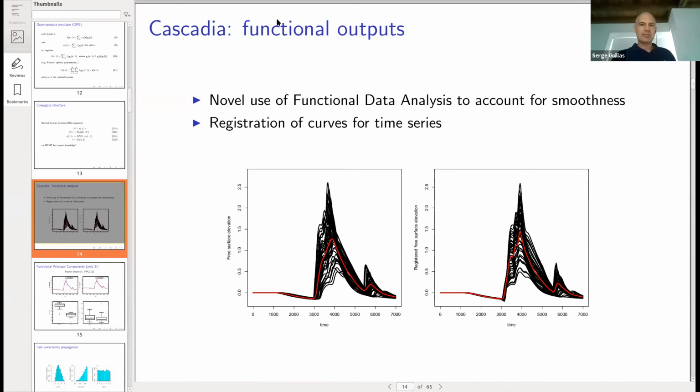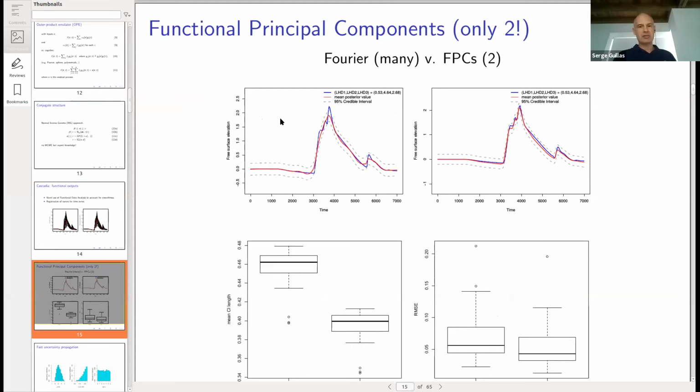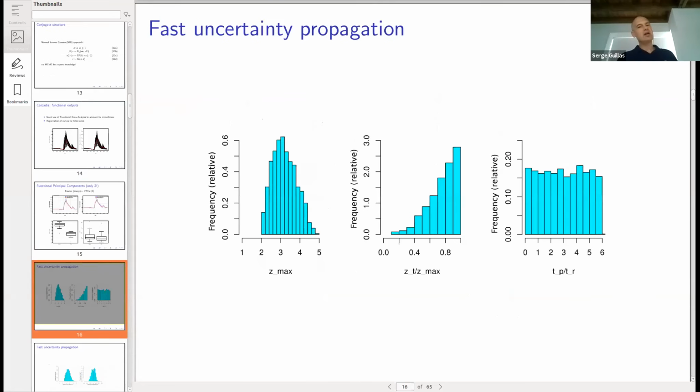So that's the idea. And if we do that, then we can make use of that in this framework of the outer product method, the expansion that I showed. And if we do so, we do a bit better than using Fourier basis. So you can see on the right side versus the left side, and we can capture the kinks. We have statistics about the way we do that.